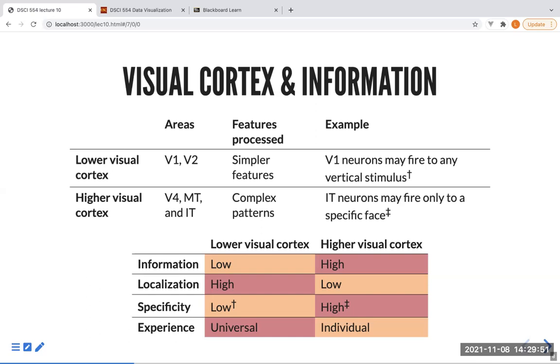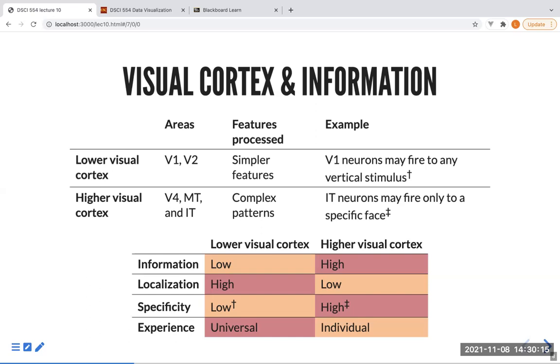How specific are we in the lower visual cortex? We're not specific at all. If you think in terms of the line, any vertical line will do. We don't care. The neuron that is going to fire for a vertical line doesn't care.